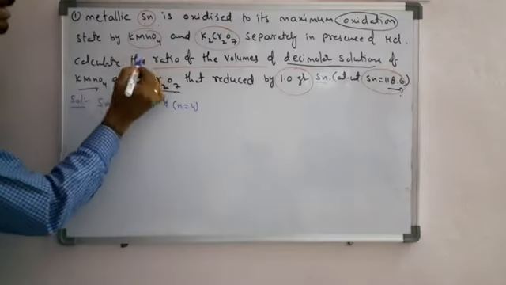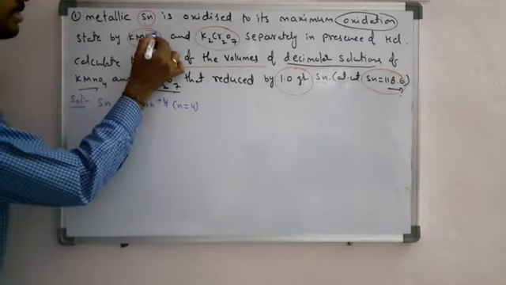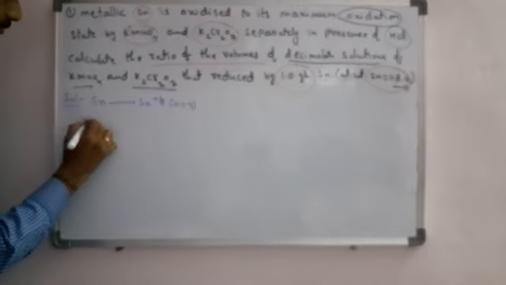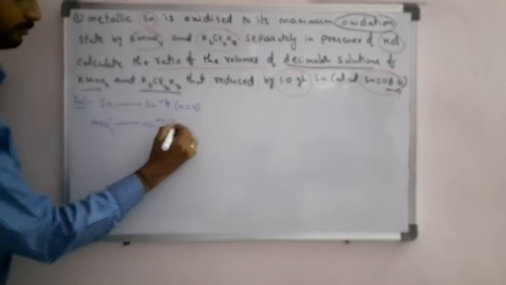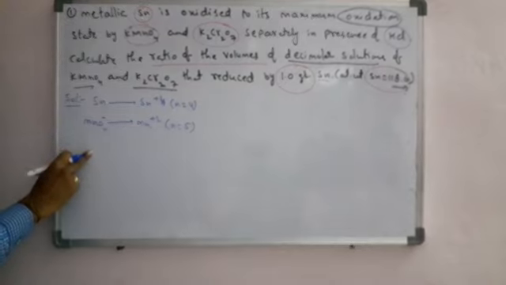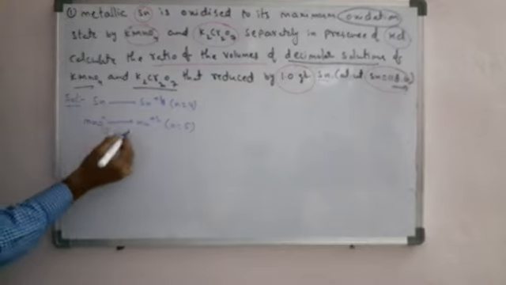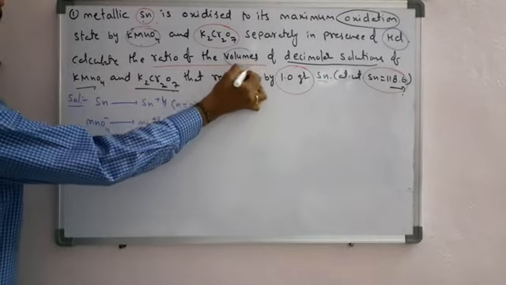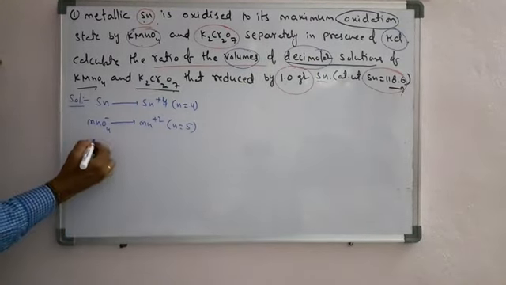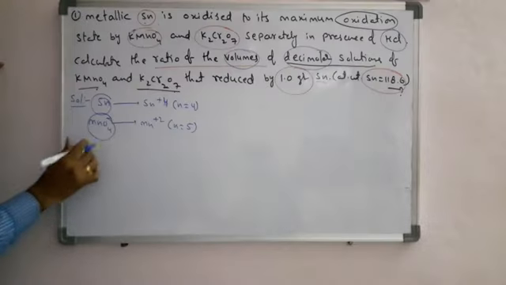Here MnO4 minus, the permanganate ion, changes to Mn plus 2 in acidic medium, so the n factor is 5. Their concentrations are given as decimolar, and these two react completely.